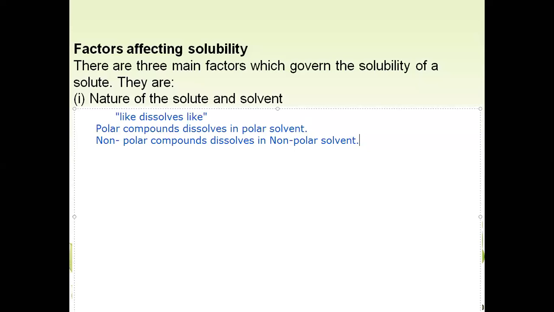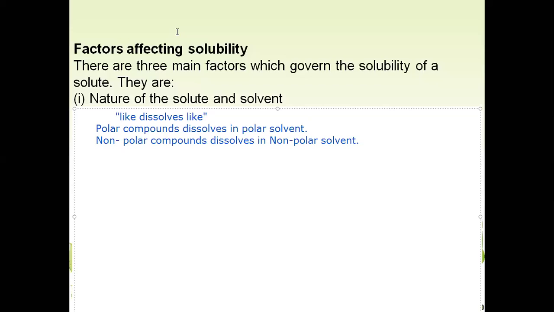For example, fat. So the fat is dissolved in ether. Already we know that some substances are dissolved in ether, alcohol, benzene, etc. So these are the non-polar solvents. Same for the non-polar compounds, for example, fat. Fat is a non-polar compound, so it is dissolved in the non-polar solvent. So this is the nature of the solute and solvent.